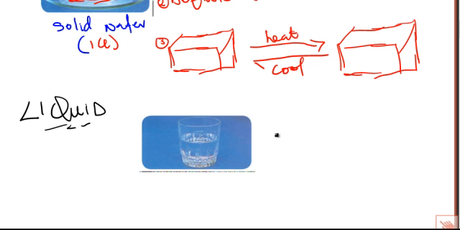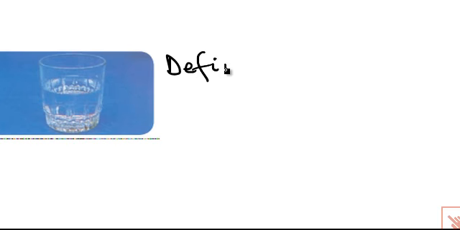So what are the properties of liquid substances? Number one, just like solids, liquid substances have definite volume, but they don't have definite shape actually.